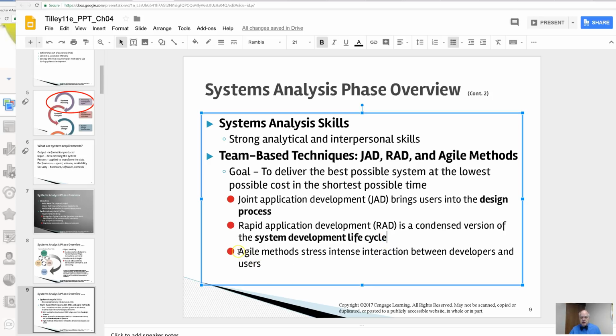And Agile, again, it's a philosophy, and that's why they say it's methods. There are many Agile methods that basically involve intense, constant interaction between developers and users through the entire life cycle. But remember, with Agile, the life cycle kind of changes. It's more of, let's get the prototype, let's get the initial version out there right away, and that's our month's job.